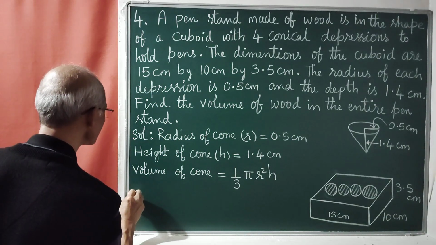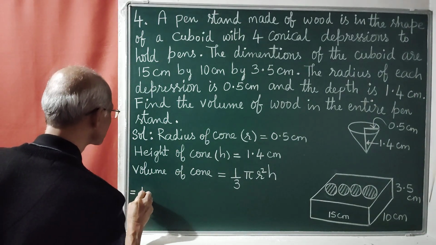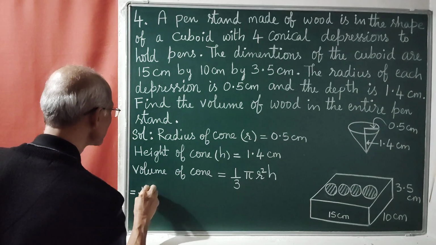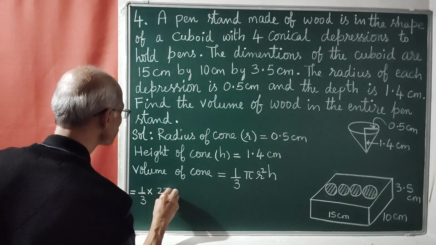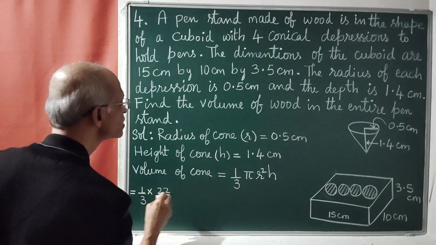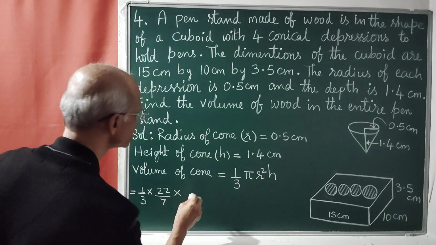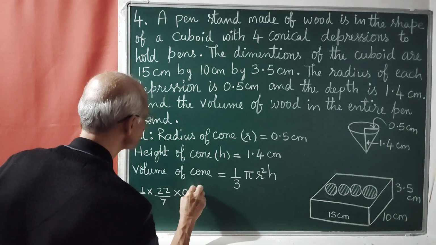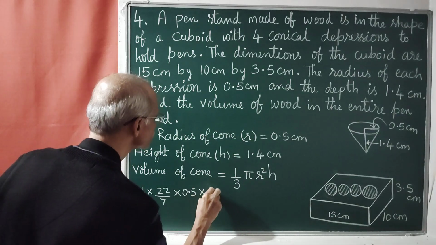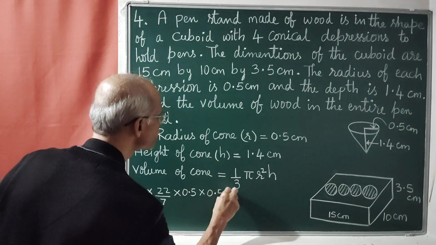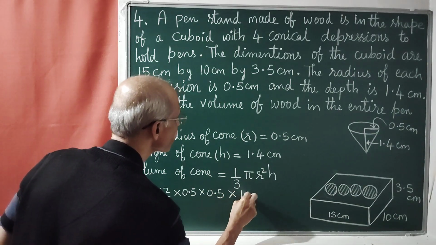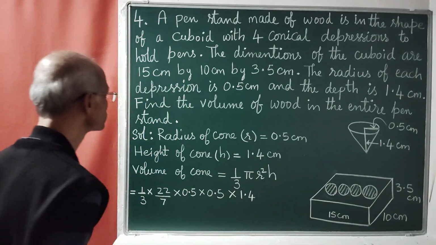That's equal to 1 by 3 into 22 by 7 into r square, that is 0.5 into 0.5 into h, that is 1.4.